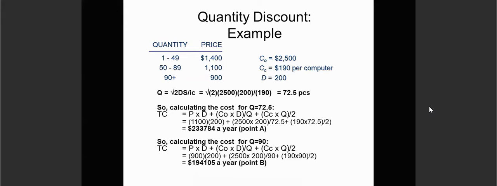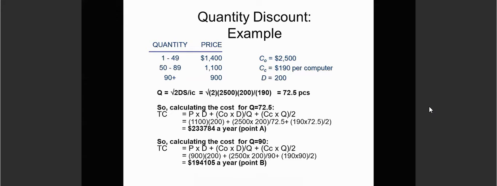If we order 1 to 49 units, the price will be 1,400. If we buy 50 to 89 units, the price will be 1,100. And if we buy 90 units or more, the price will decrease to 900 ringgit. We also have information about the ordering cost, Co, which is 2,500, and the carrying cost per unit is 190. And we know that the demand is 200 units.